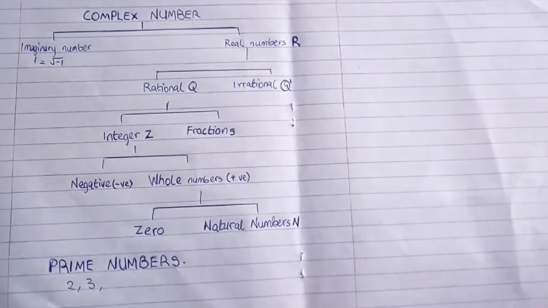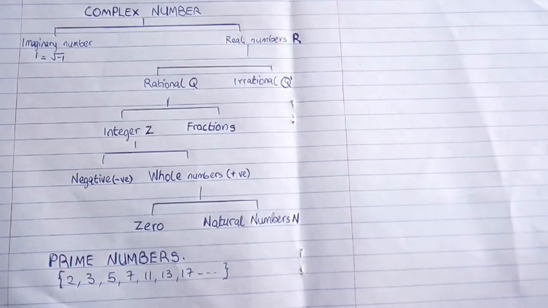I'll tell you that 2 and some odd numbers are prime numbers. You can even give more examples of prime numbers. In your comments below, give me the prime numbers from 20 to 50.